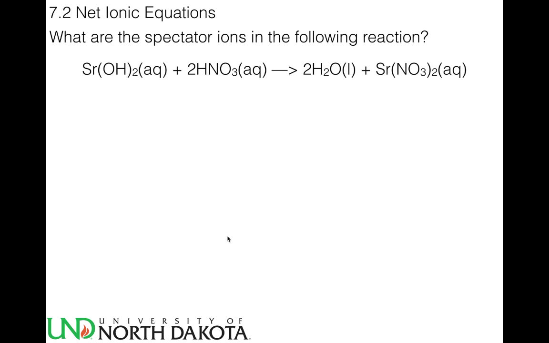Our next question is, what are the spectator ions in the following reaction? We have strontium hydroxide and 2 nitric acid gives us 2 water molecules and strontium nitrate. Well, to identify the spectator ions, we want to write the molecular equation, which is what's given to us.